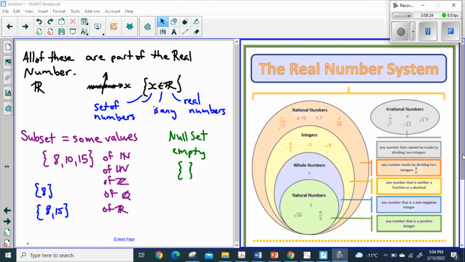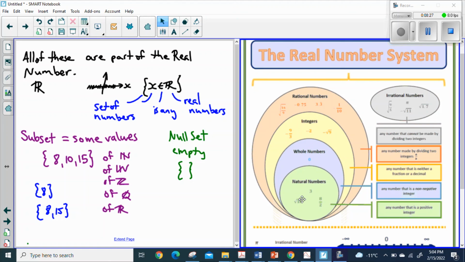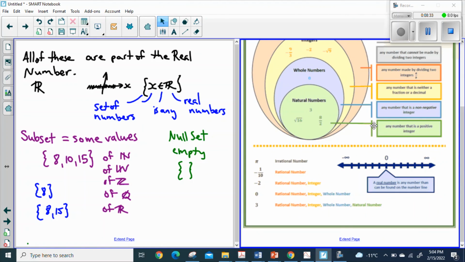It helps to show that the natural numbers are in the whole numbers, are in the integers, are in the rationals. So here a real number is any number that can be found on the number line. Pi is an irrational number. -1/10 is a rational. -2 is a rational and an integer. 0 is a rational number, an integer, and a whole number. And 3 is a rational, an integer, a whole number, and a natural number.